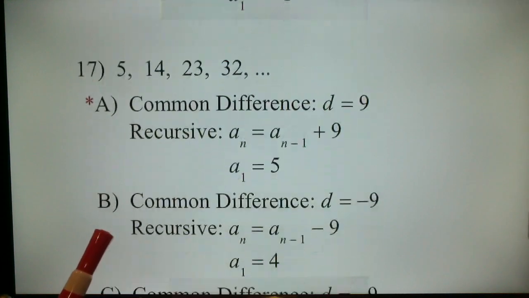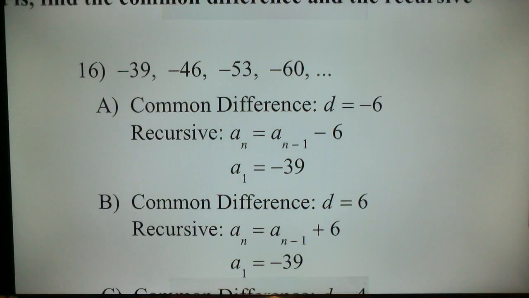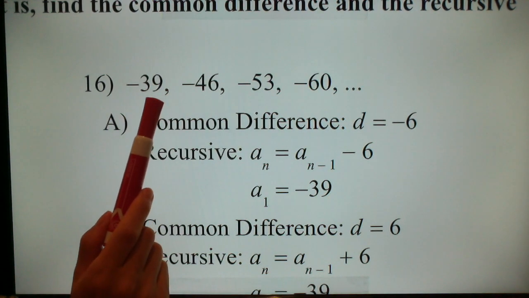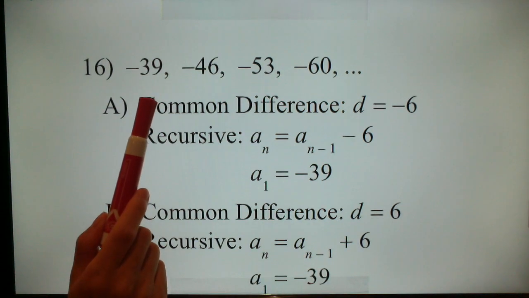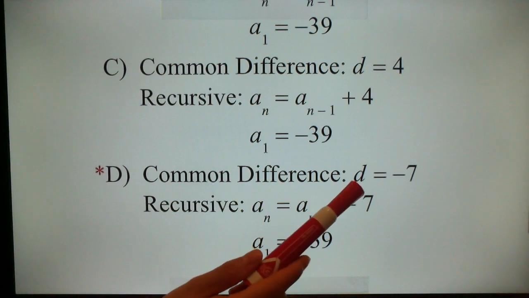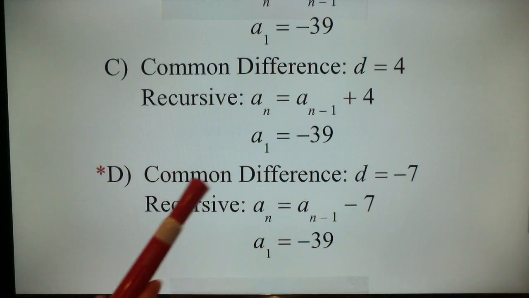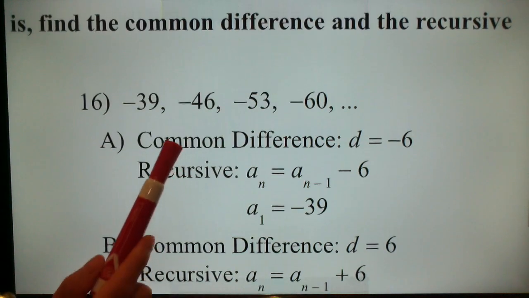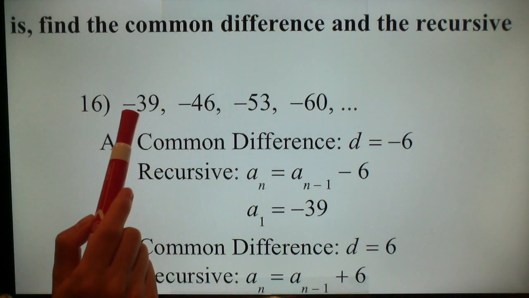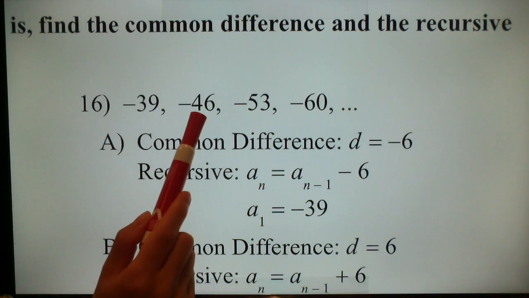And then let's see the next number. Let's see 16. If you see this, is this arithmetic? Yes, because look at this. The common difference is -7, and the recursive form is the same thing. We are putting -7, right? If you do -7 from here, -39 minus 7 is -46.